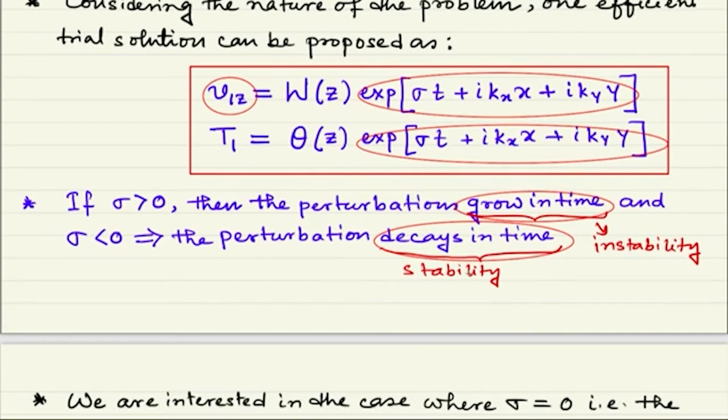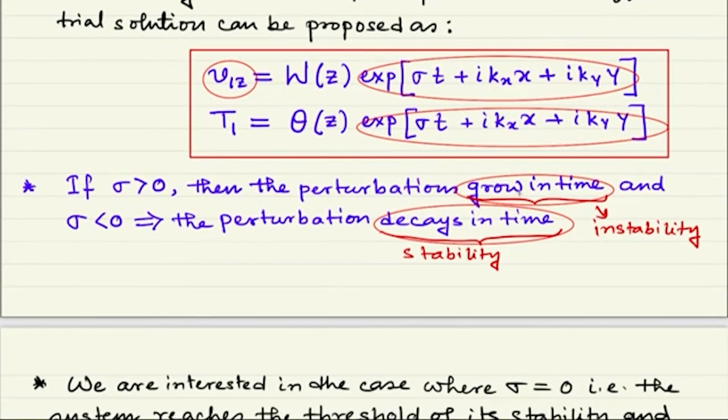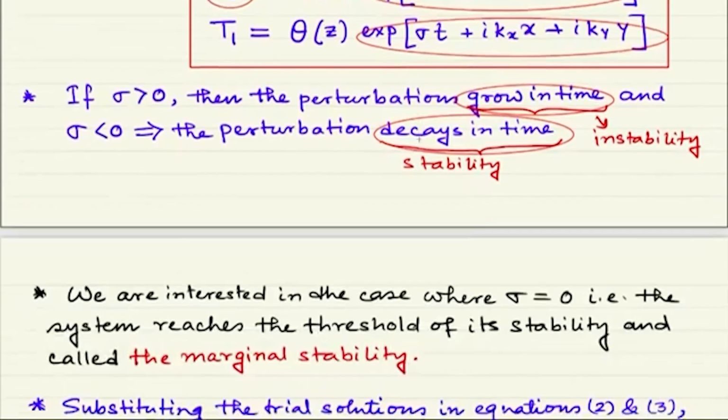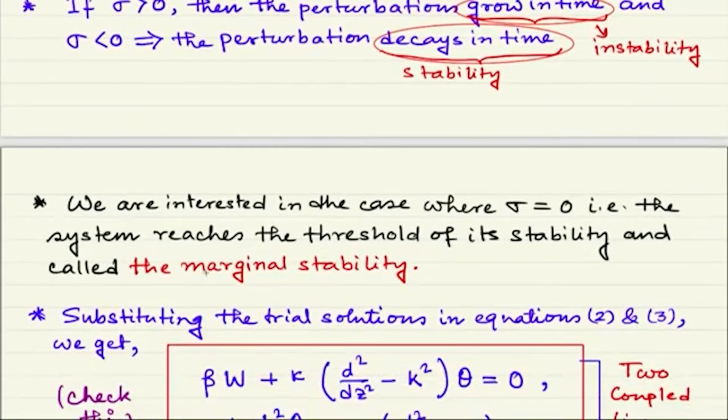But if sigma is imaginary, then we are talking about oscillations. In both cases, whether growing or decaying, we can make the marginal part where the solution does neither grow nor decay in time, and that is the part of marginal stability.